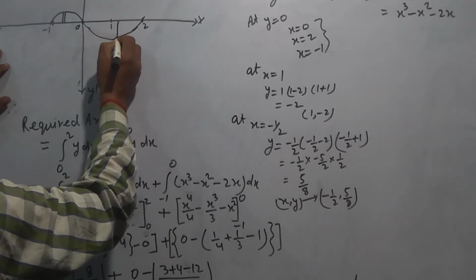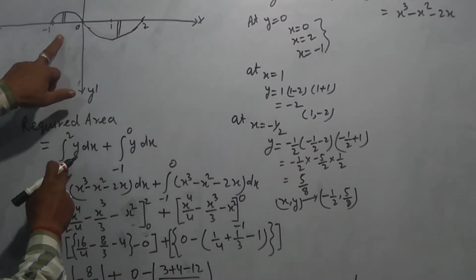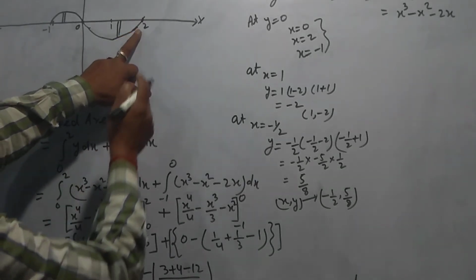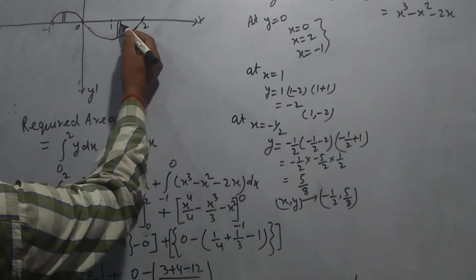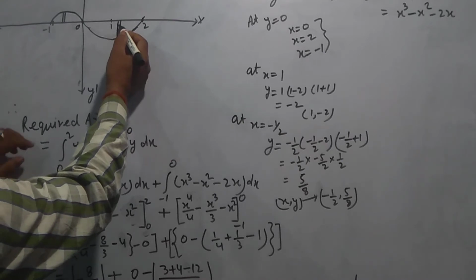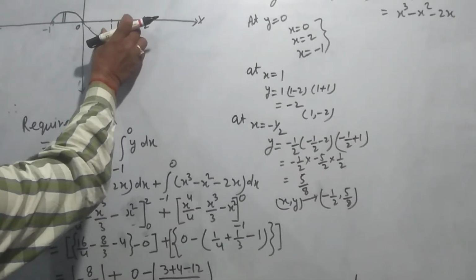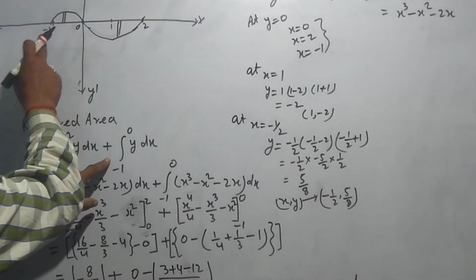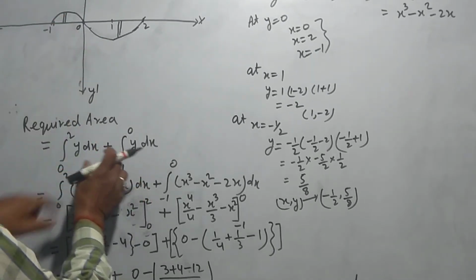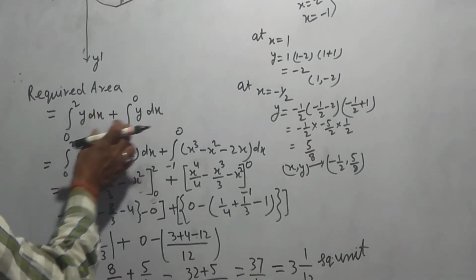So the required area is from 0 to 2 here, and we take strips perpendicular to the x-axis, dx, so that the area of this is the integral of y dx from 0 to 2, and this is the integral of y dx from minus 1 to 0, the area of this part.